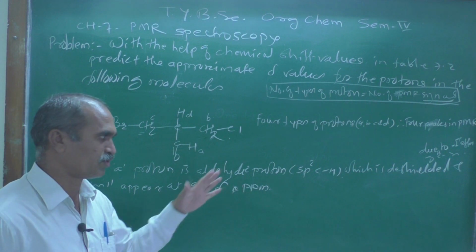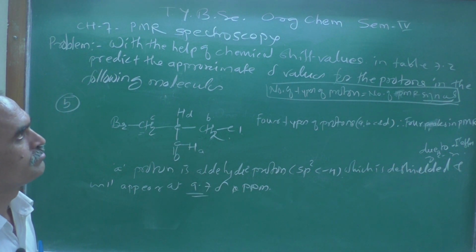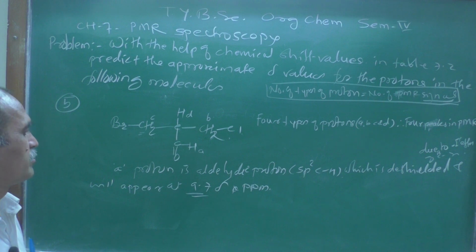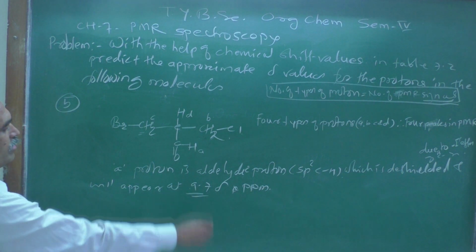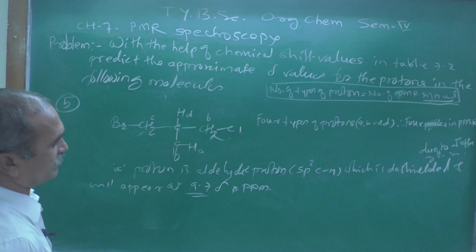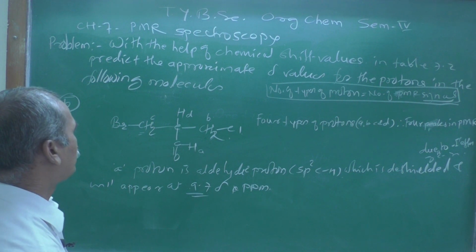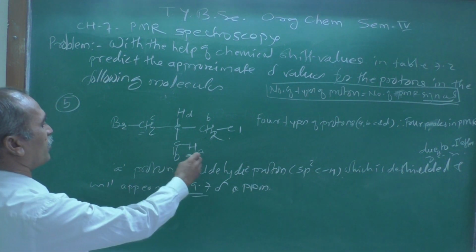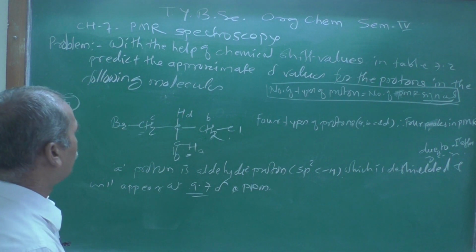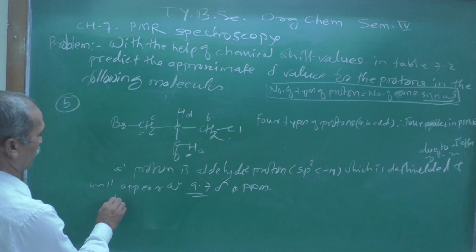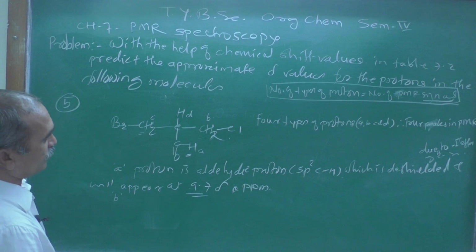So remember that it doesn't make any difference, but generally 9.7 delta or ppm is for the aldehydic proton. Now let us see another one, B proton.